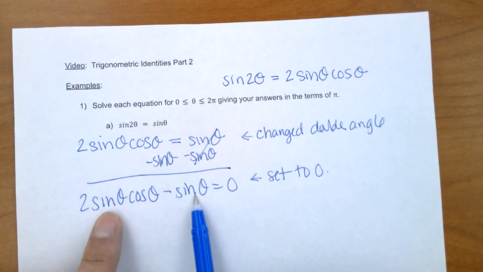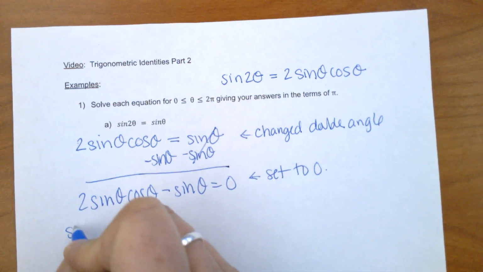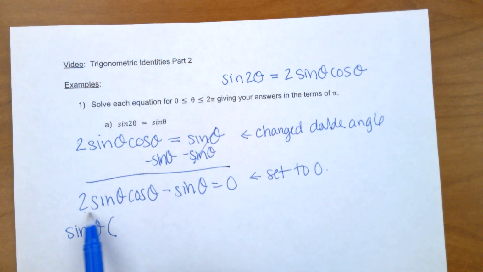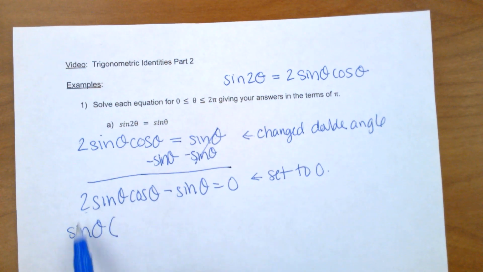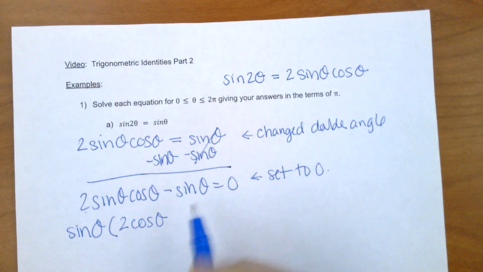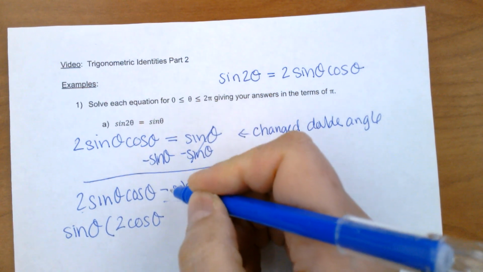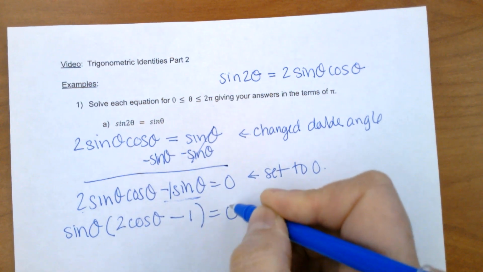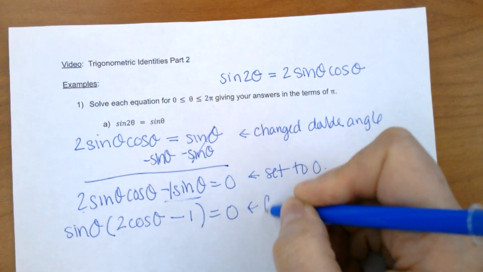So what I'm going to do is factor out a sine. I'm factoring it out from this first term. If I take a sine out, what I have left is 2 cosine theta. If I take a sine out from here, now remember, this is 1 times sine, so I have a minus 1 left. So I factored out sine.